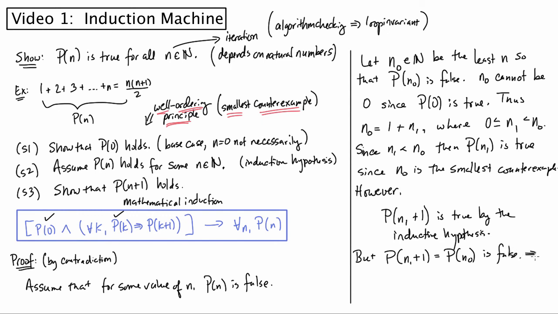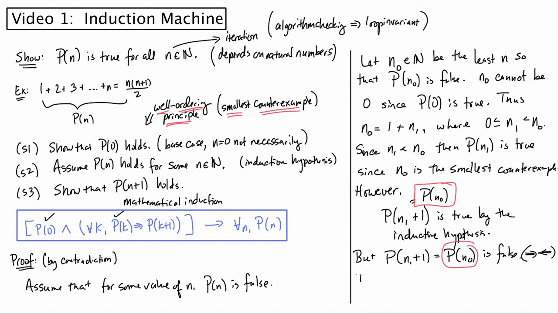So you can see here that we've reached the contradiction we've required because I have both P of n0 being false and P of n1 plus 1 being true. So this right here is equal to P of n naught. So I have P of n naught is false here, but I have it's true here. So I've reached a contradiction.